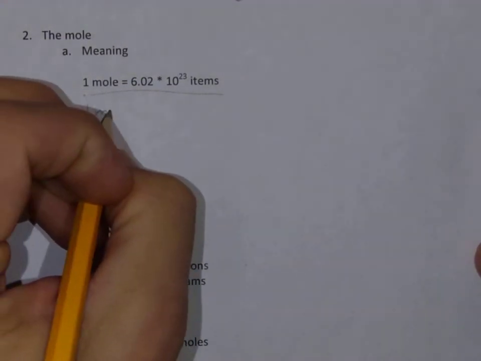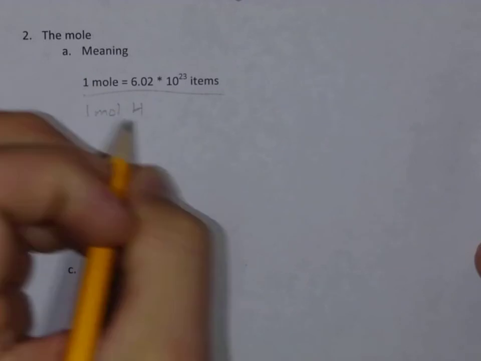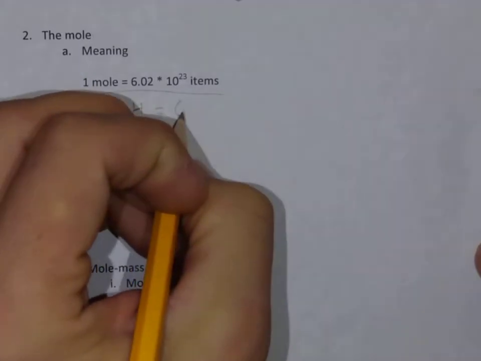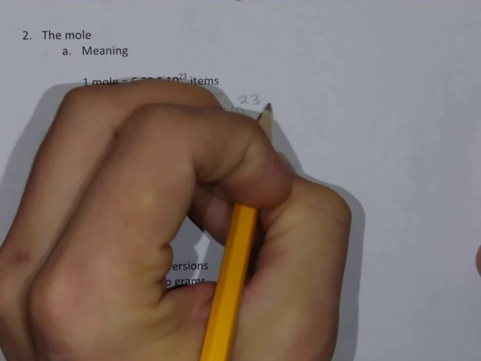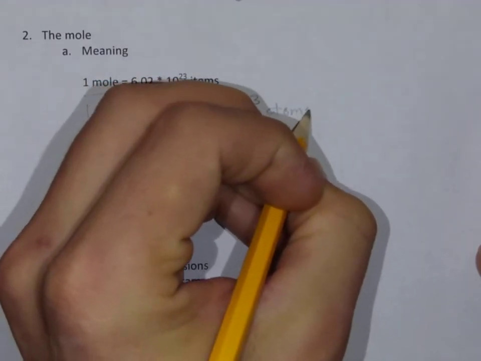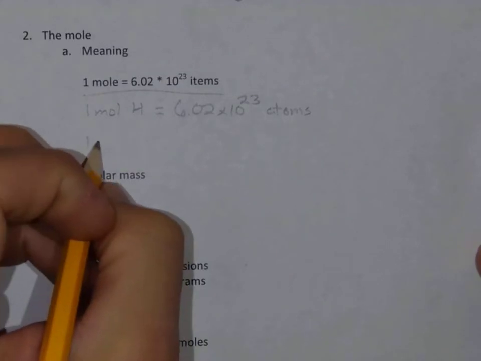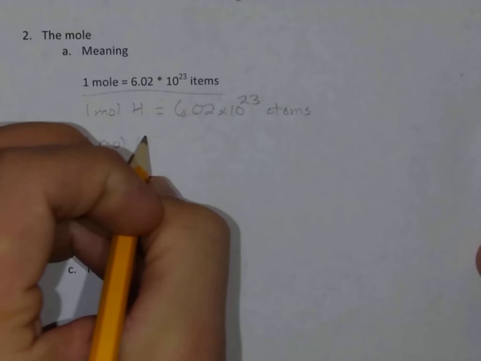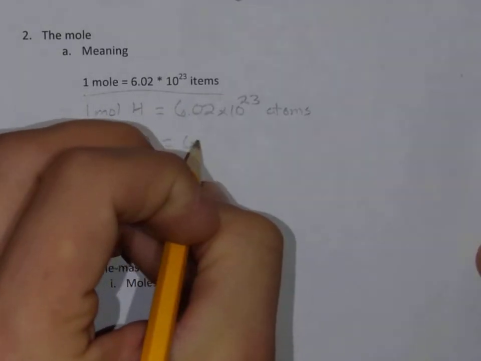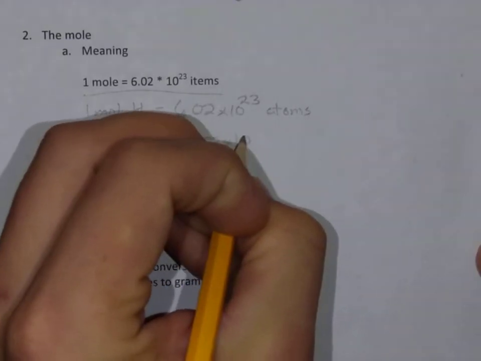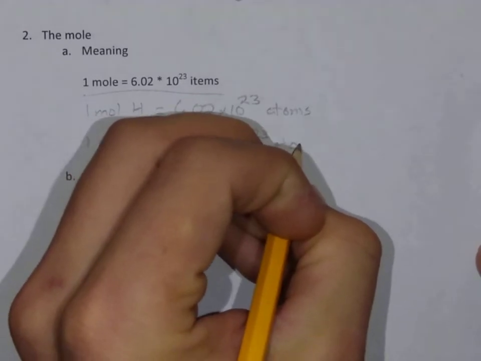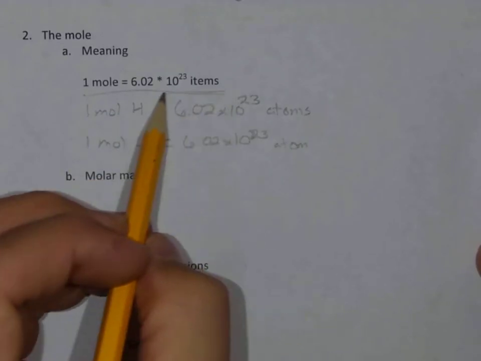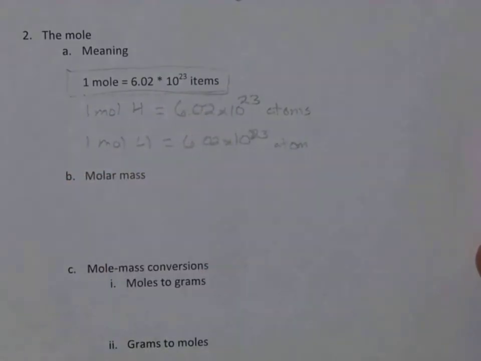So 1 mole of hydrogen is 6.02 times 10 to the 23rd atoms. 1 mole of chlorine is 6.02 times 10 to the 23rd atoms. It's always the same, okay?